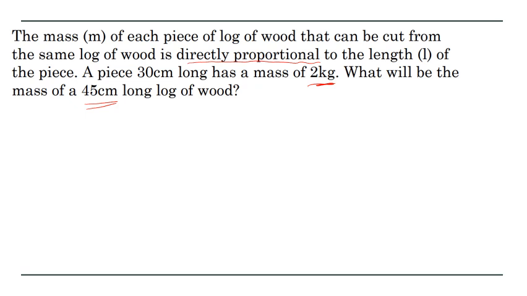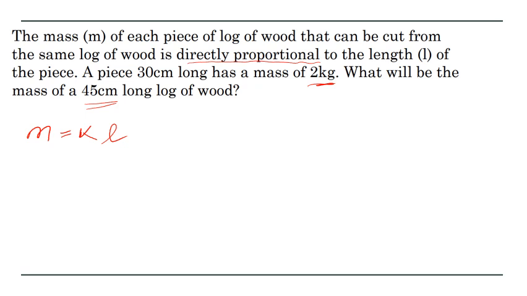Remember direct variation, the equation is y is equal to kx. In this scenario we are using mass and length, so instead of y is equal to kx, it will be m is equal to kL. M is proportional to L.